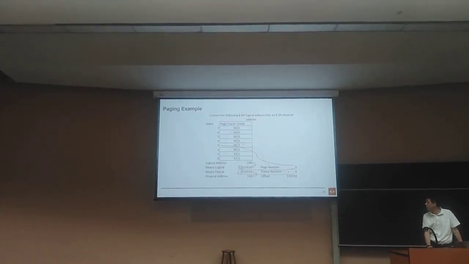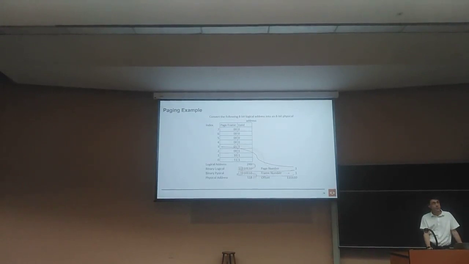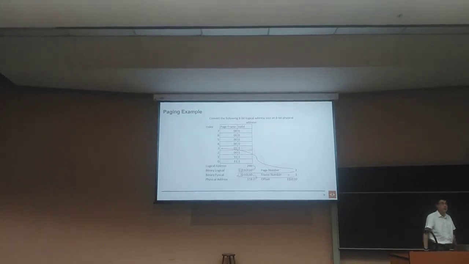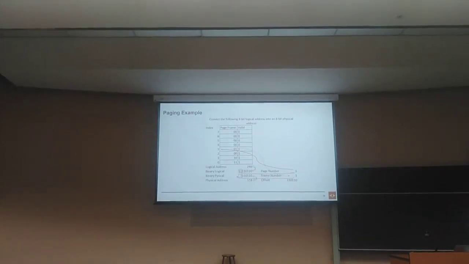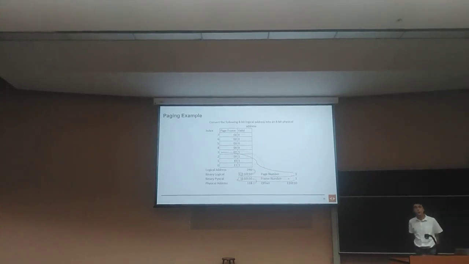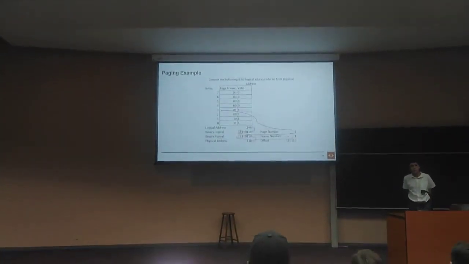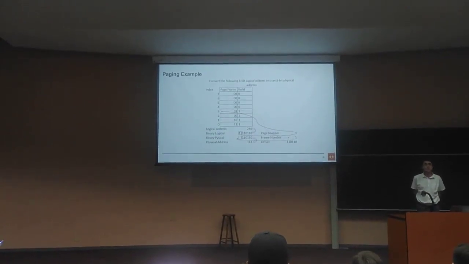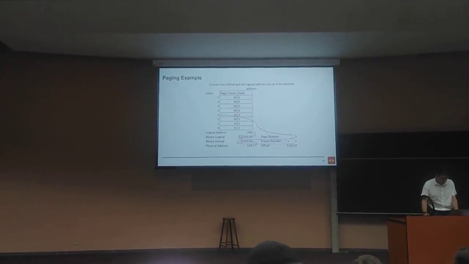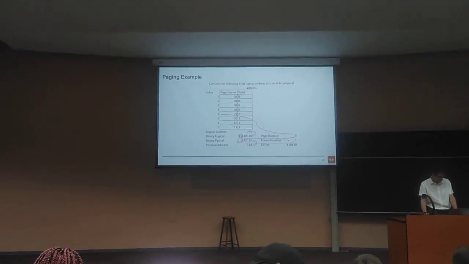This page frame, 0, 1, replaces the original page number, and then you translate that back into decimal. There's a whole video that describes this as well, with a link where you can follow this analysis. Any questions on this? No. Good. Let me see if there's anything else.